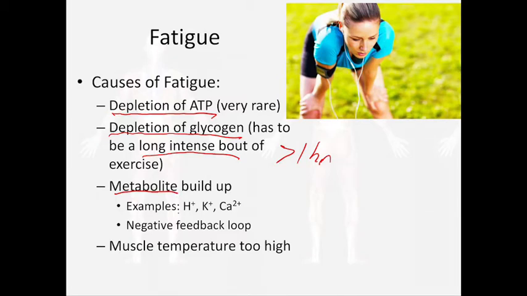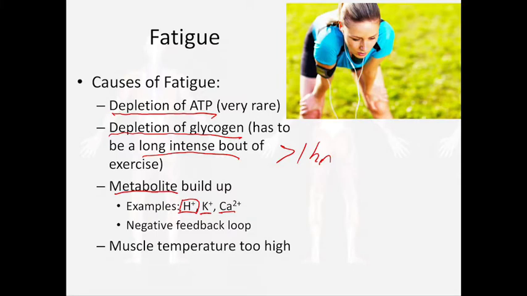If we have a buildup of the hydrogen ion from one of the systems that the body uses to create ATP, that builds up, that shuts things off. Buildup of potassium has to do with the way that nerves activate muscles and other parts of the body, and then also buildup of calcium, and that has to do with muscle contraction, as we already talked about.